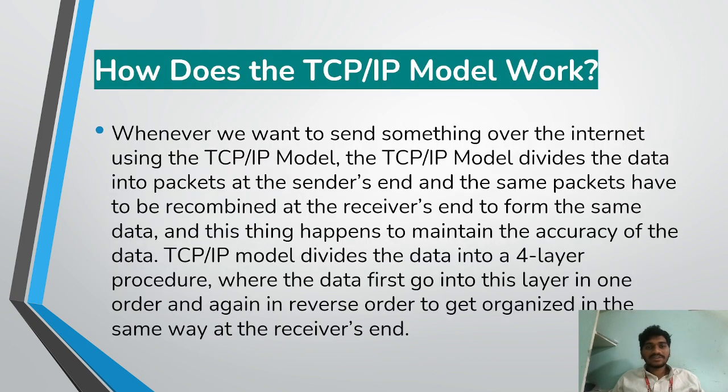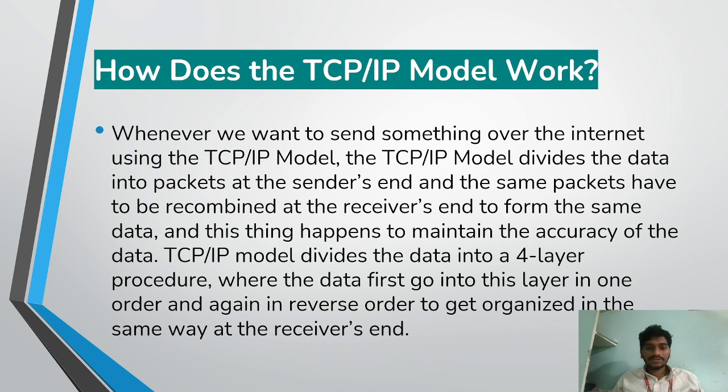This is the basic difference between TCP and IP. And how does the TCP/IP model work? Whenever we want to send something over the internet using the TCP/IP model, it divides the data into packets at the sender. The same packets have to be recombined at the receiver to form the same data.